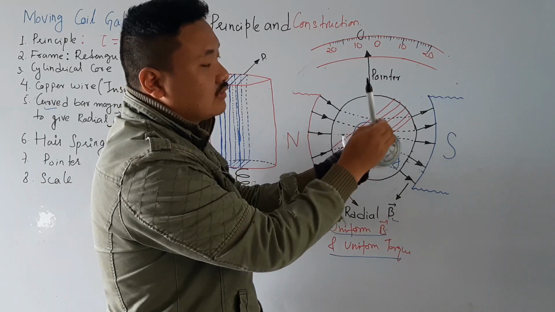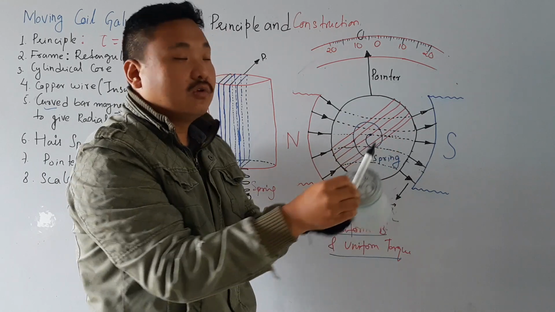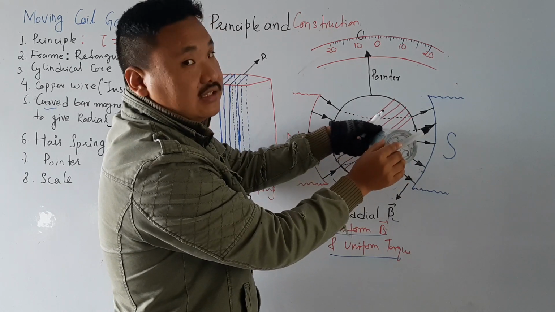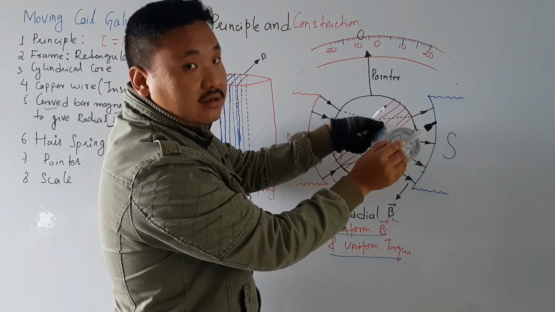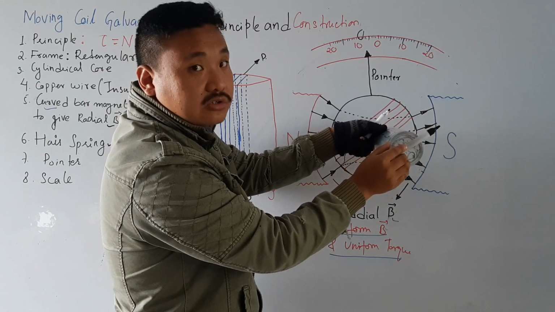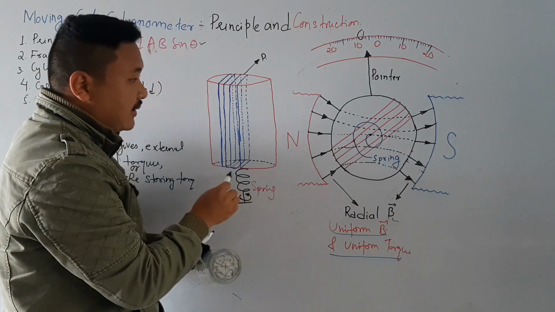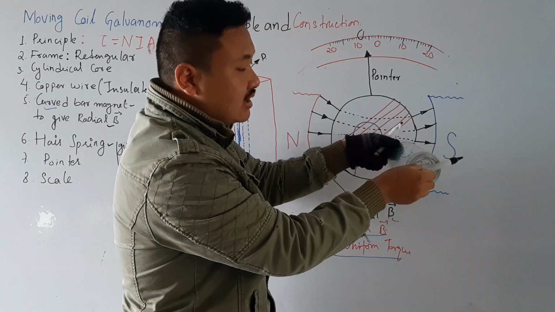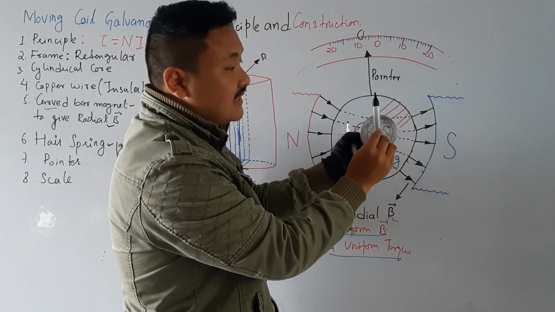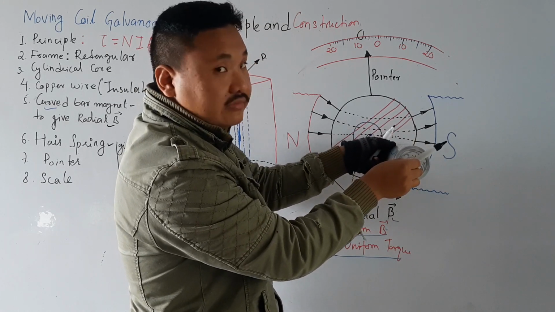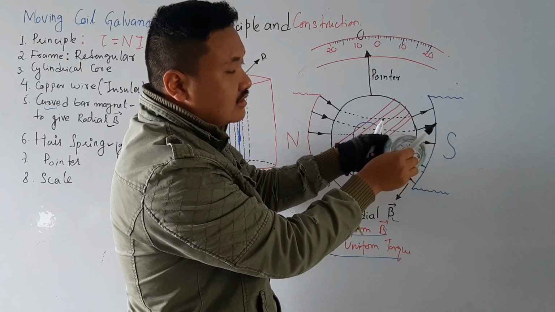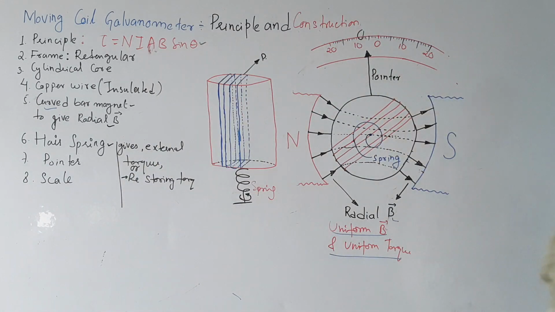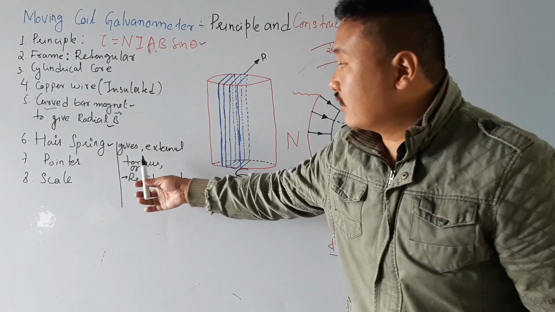Whenever the current flows in this wire, it will rotate like this, but it will remain there because of the current, the magnetic field and the torque. But because of the spring, it tries to restore it back. Current came, it rotated, and because of the spring, it will try to restore its position. That is why this is also called the restoring spring.